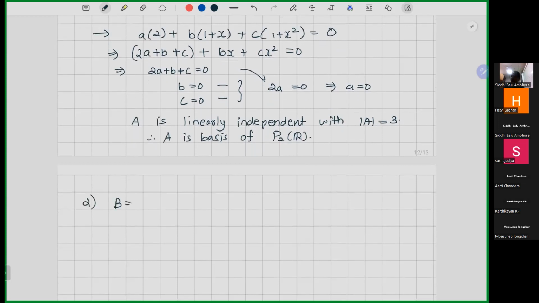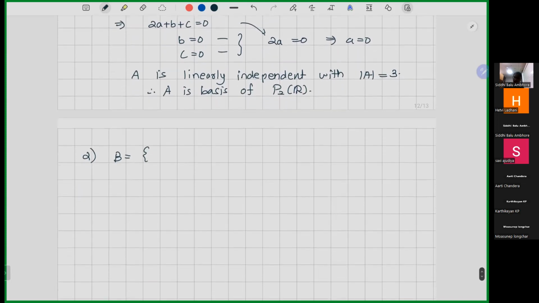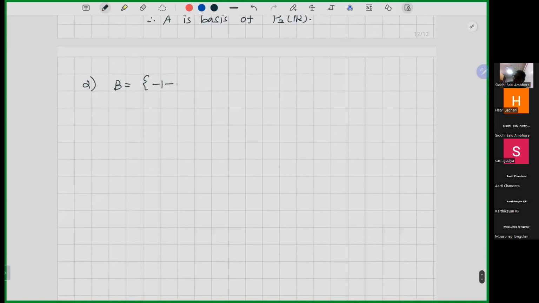Second, let us check. Now, this is a quick guess. I want everyone to answer that. And what is your guess in this case?